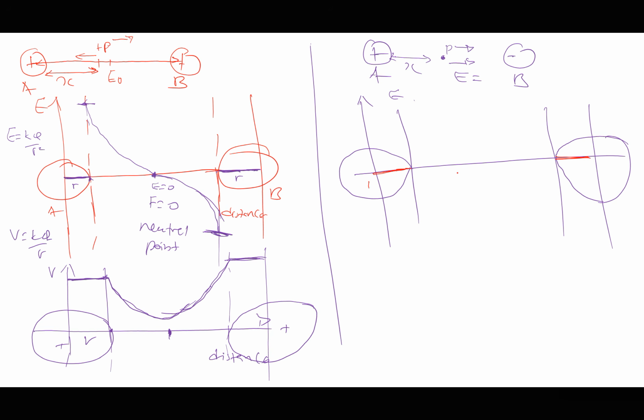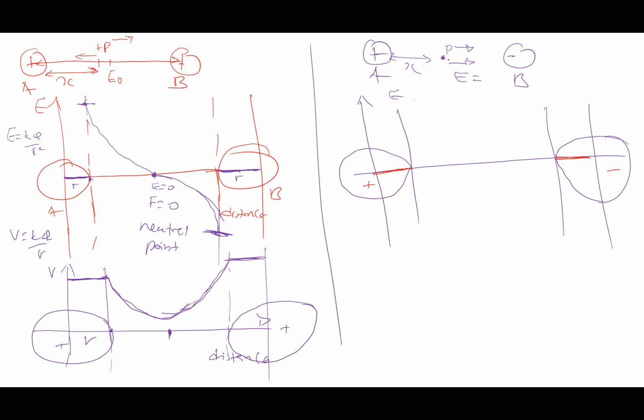Because this is positive, the other one is negative. As I move from the surface to the other side, what happens to E? E is stronger when I'm close to A, because E depends on the distance, but E does not change direction.